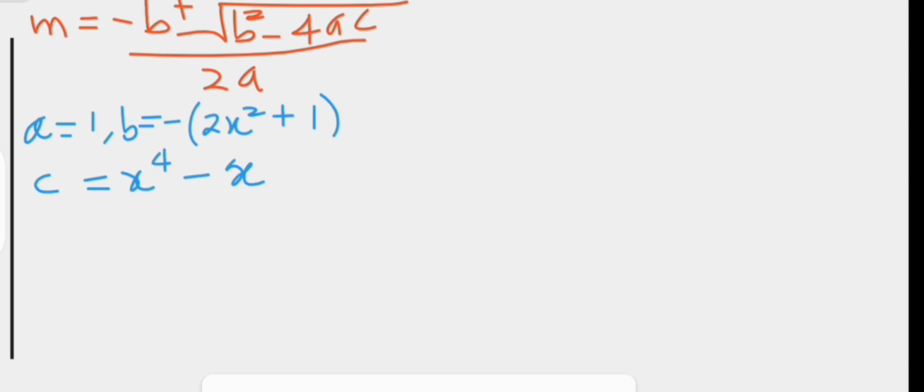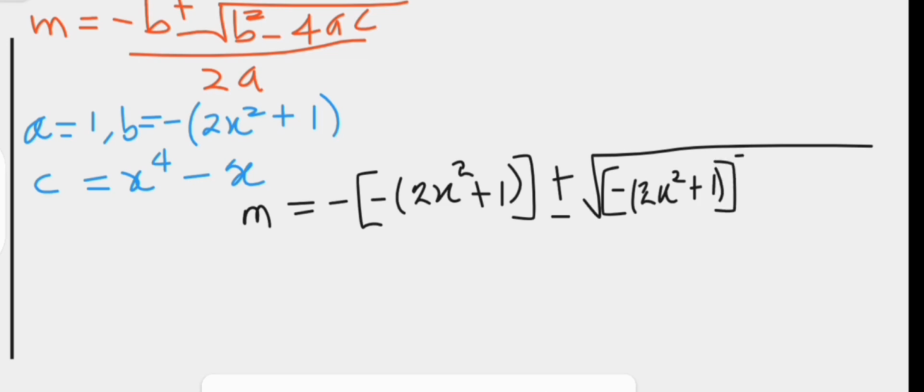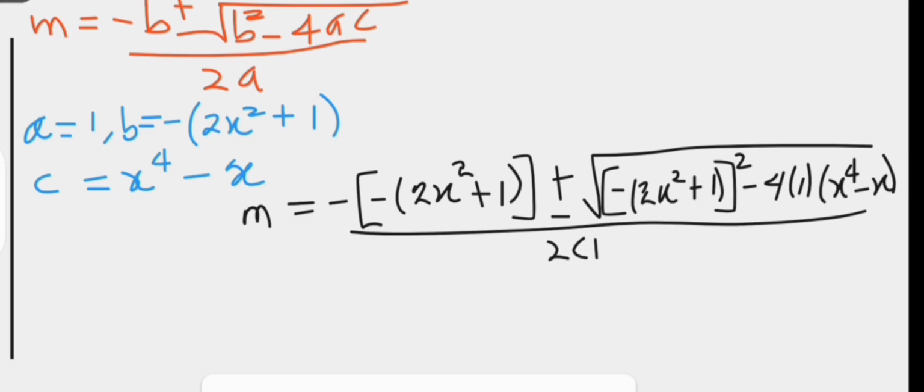With the values of a, b, and c as written out, then we are going to have m in the quadratic formula to be minus into bracket negative bracket 2x squared plus 1 plus or minus the square root of minus into bracket 2x squared plus 1 all squared minus 4a, which is 1, and c, which is x raised to power 4 minus x, everything over 2a, which is 2 times 1.